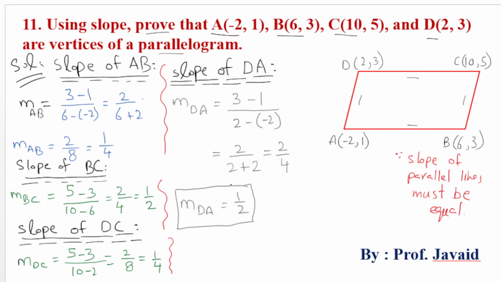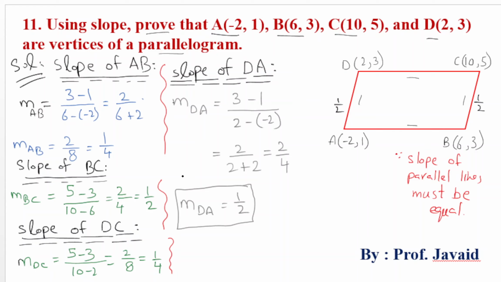I think you understand this. Look now, slope of DA is 1 by 2, and slope of BC is again 1 by 2.